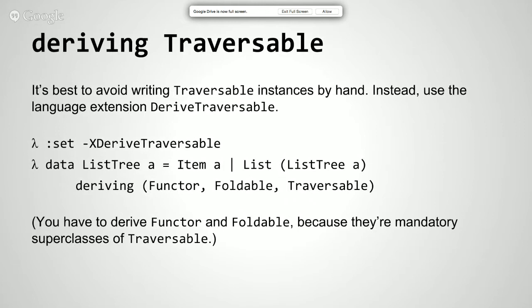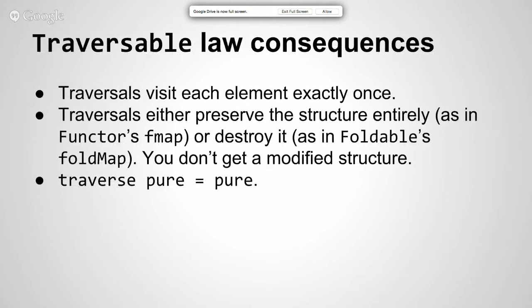In any case, moving on before I get out of my depth, I actually had to research Traversable a little bit, because this is actually not my idea. The part about traversals, how they either preserve the structure entirely or destroy it, I think what that means is more at the type level. When you do a traversal, it will either preserve structures of that type or throw them out.